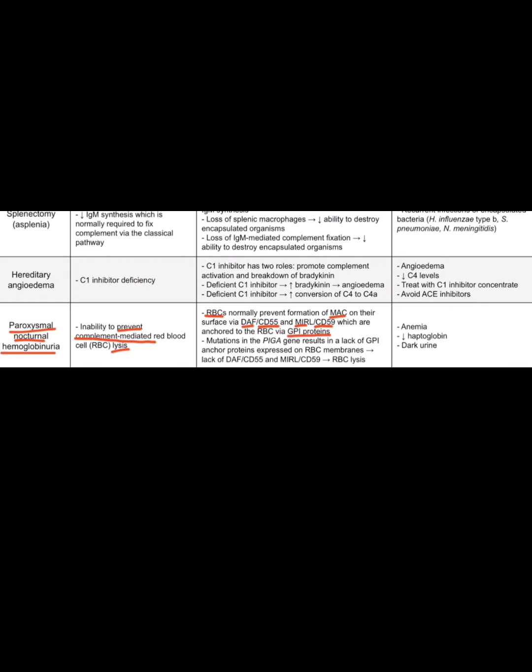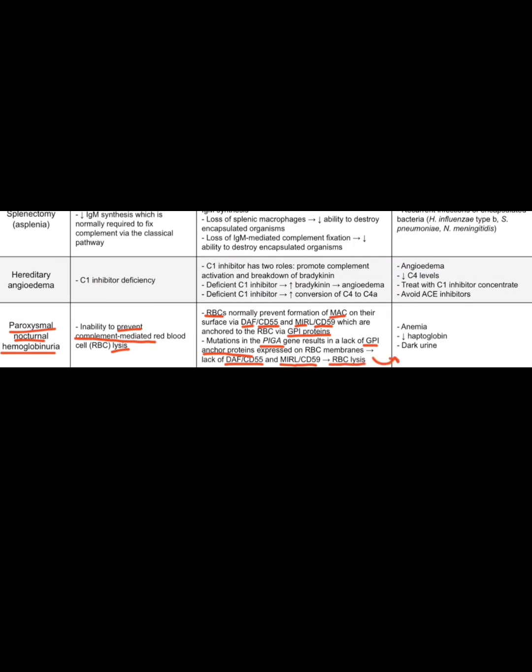And when there's a mutation in the PIG-A gene, this results in a lack of GPI anchor proteins, which means there's nothing to hold the DAF or CD55 proteins and the MERL or CD59 proteins to the red blood cell surface. This means there's no way to inhibit the formation of MAC on the red blood cell surface, which means the red blood cells will lyse.